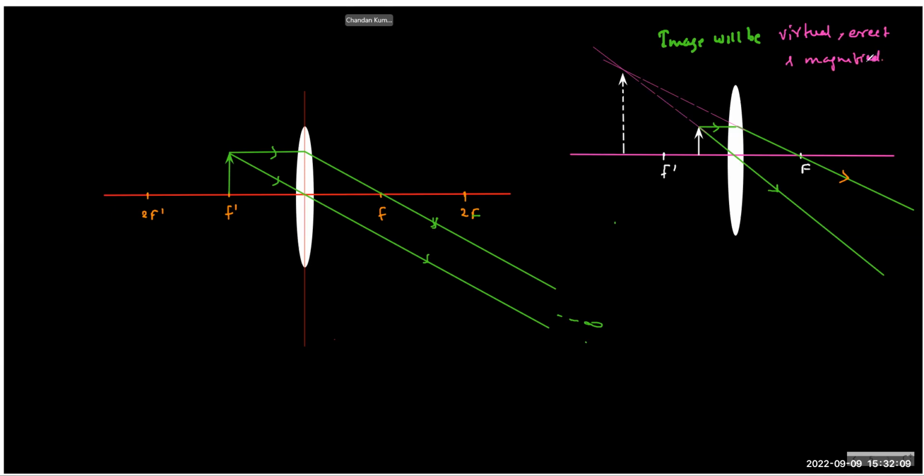We say magnified, we don't say highly magnified. I hope this is clear. Yes, sir.